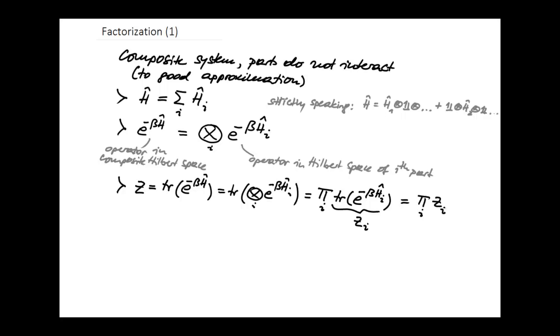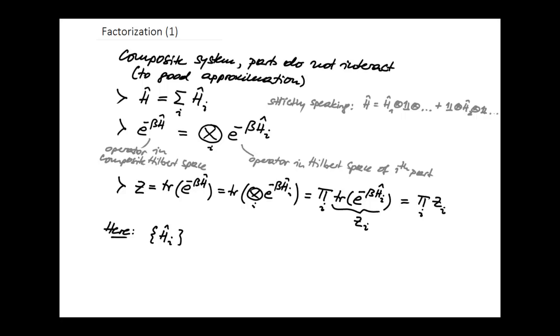When you have a composite system composed of non-interacting parts, then the partition function of the entire system is simply the product of the individual partition functions. This holds generally. Now in our specific example, the Hamiltonians of the individual spins that generate the magnetic moment all have the same form.